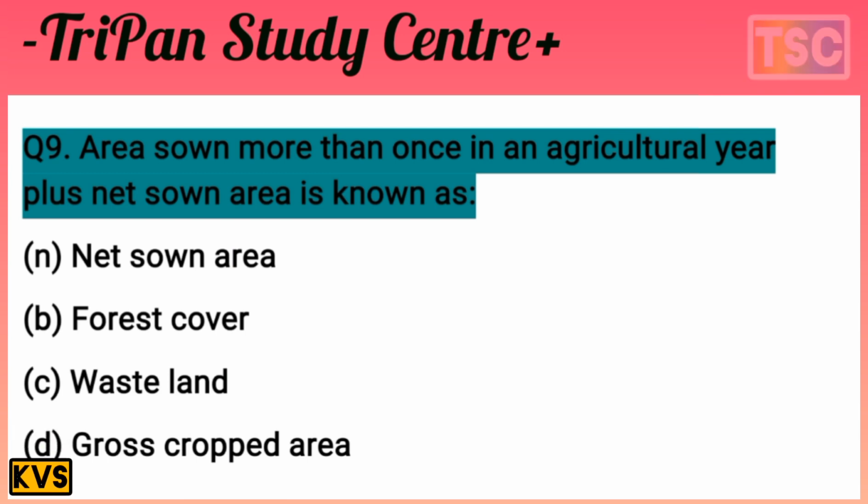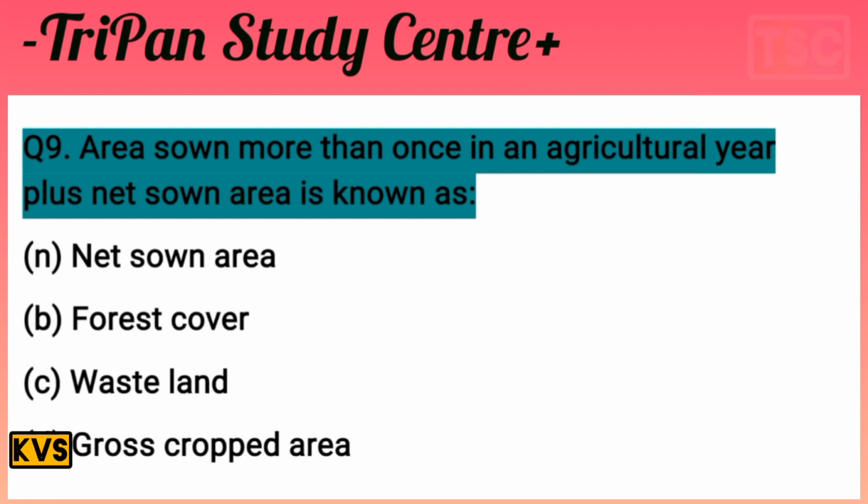First of all, I give you a few seconds to test your knowledge. You must have thought of your answer. Let's see what the answer to this question is. The elimination method is the most applicable on this question. First of all, net sown area is eliminated here.